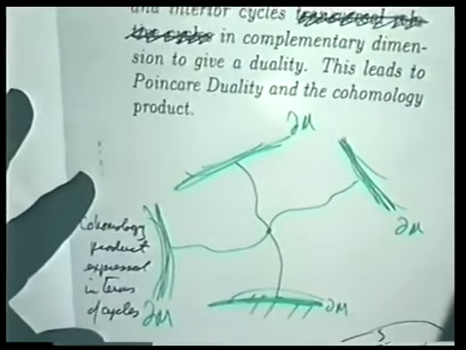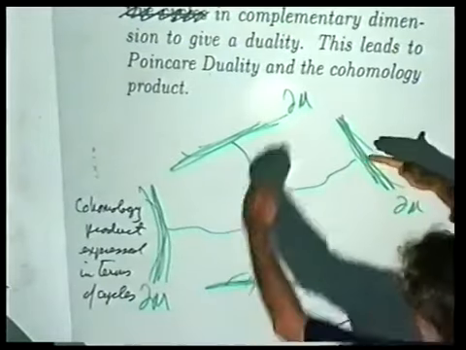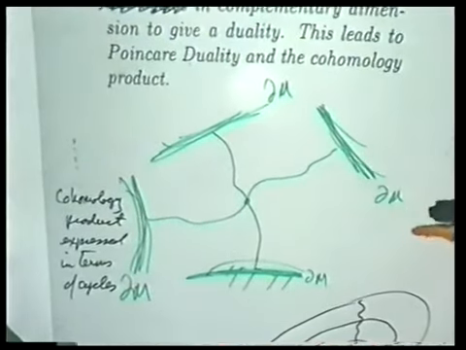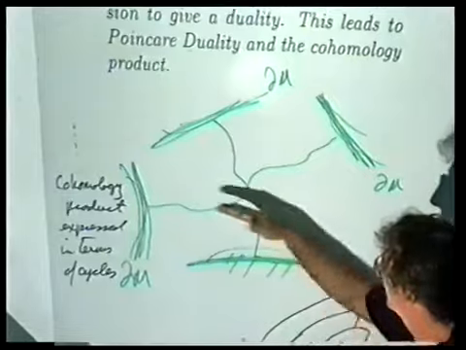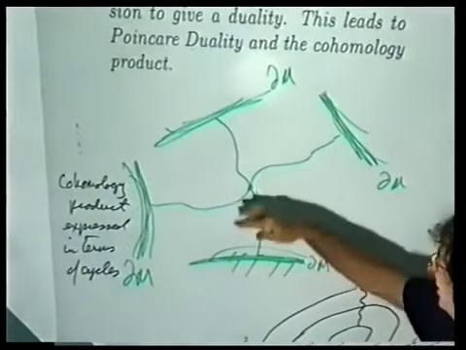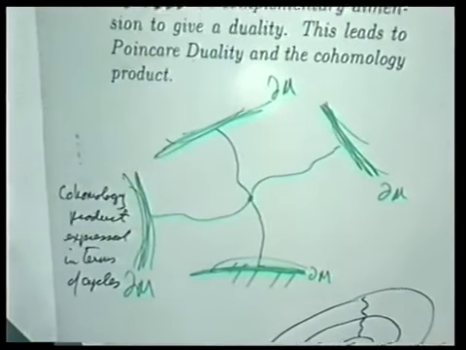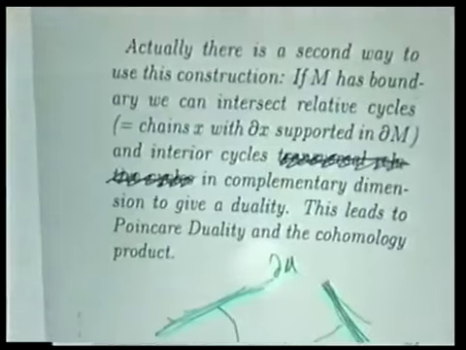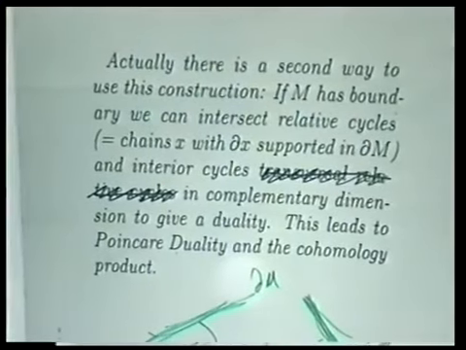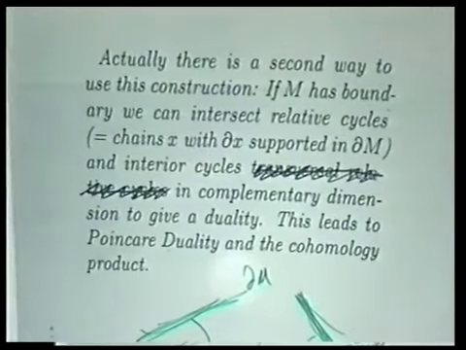Actually, there's a second way to use this construction. If M has boundary, like if these four things here are pieces of the boundary of M, you can take relative cycles, cycles whose boundary are in the boundary, and you can intersect them, and you get a product. In general, the cycle will also have a term in the boundary.